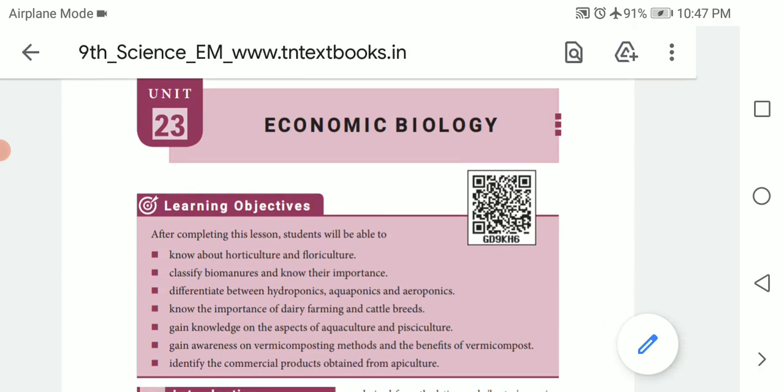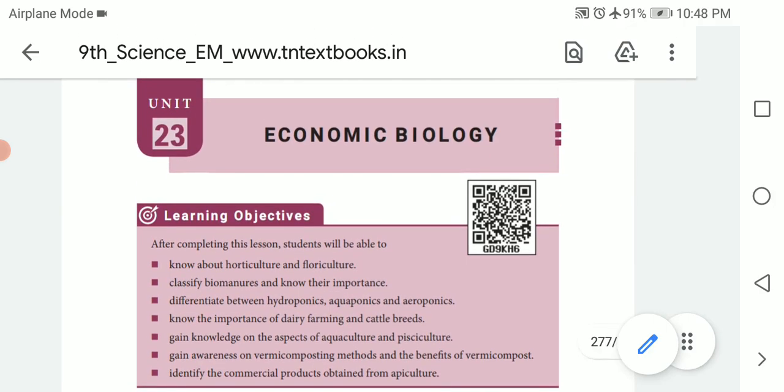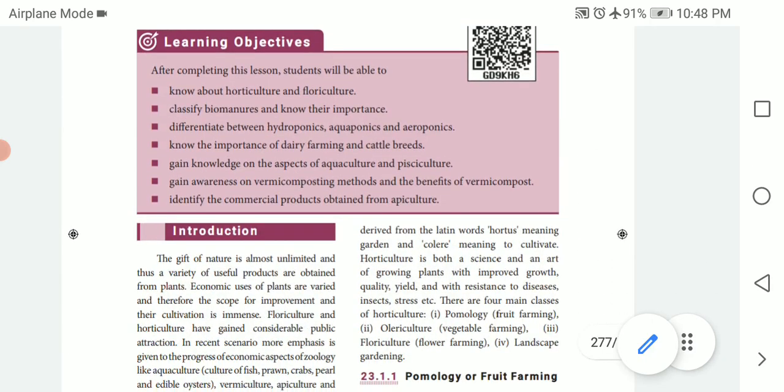That chapter we have started in regular class in the school, so we'll complete the chapter, unit 22, world of microbes, in our school. The next chapter is unit 23, economic biology.